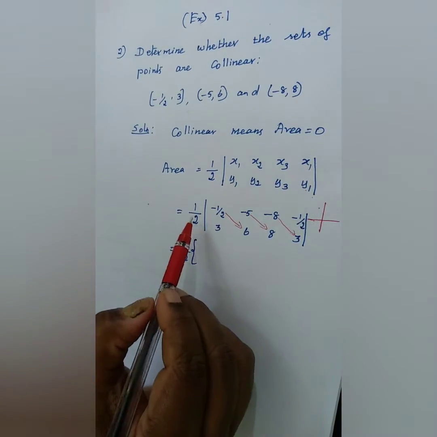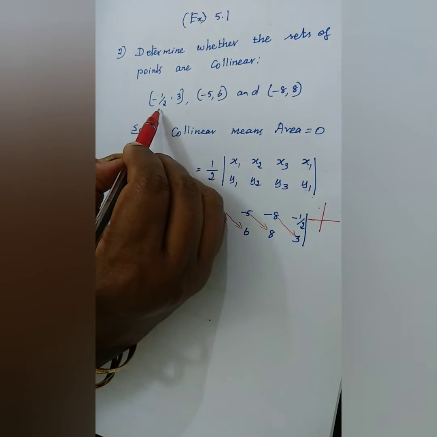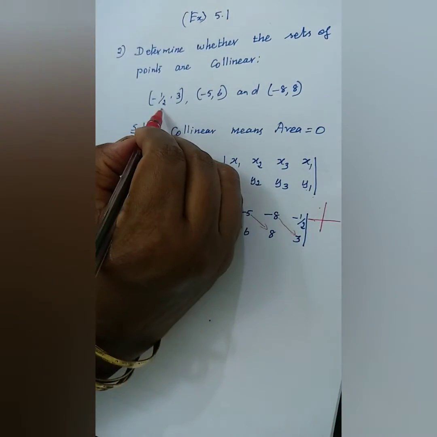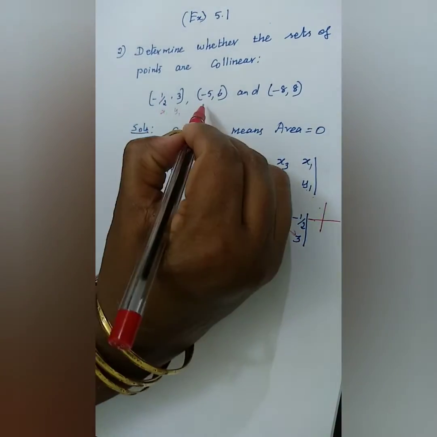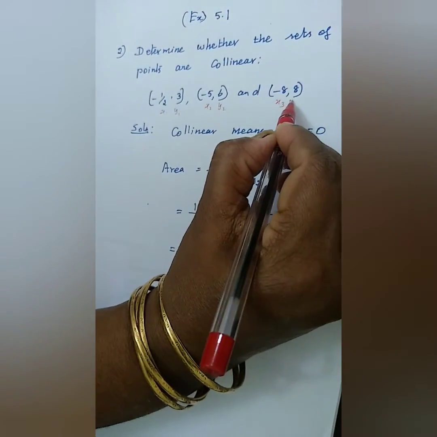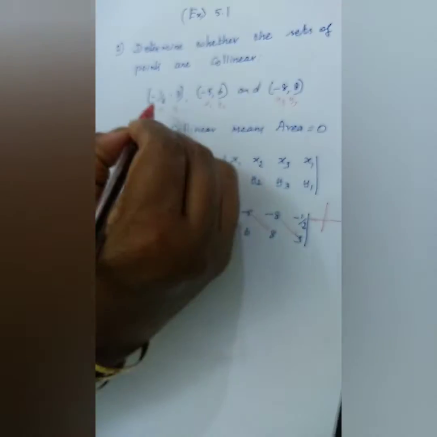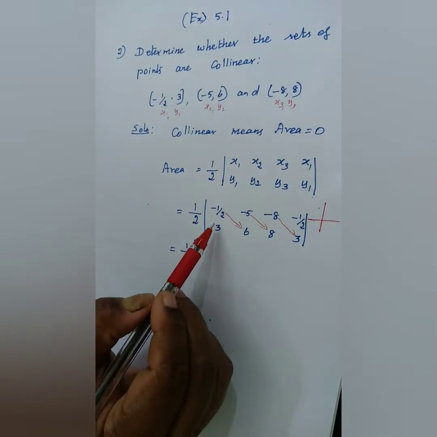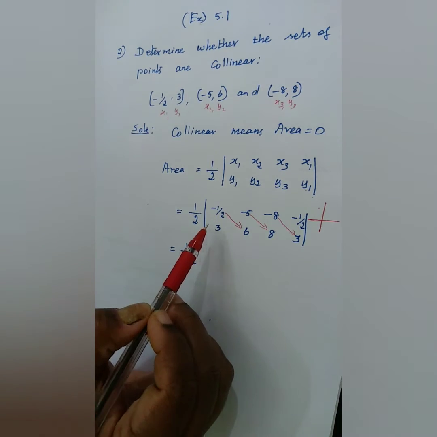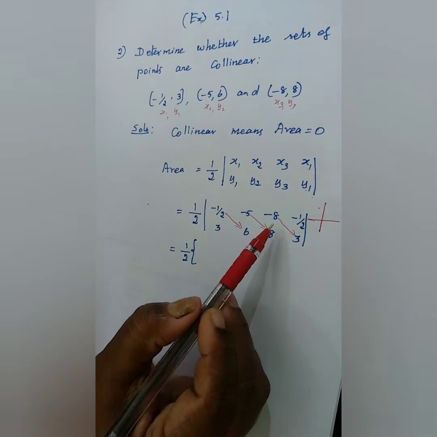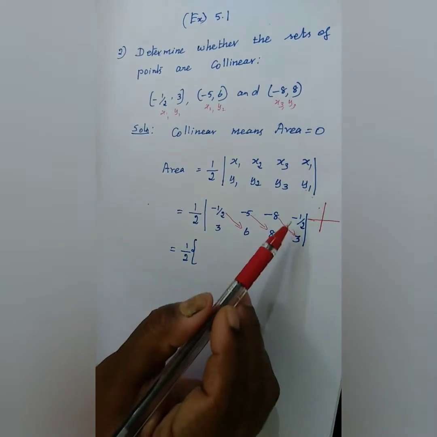I am going to apply the values. This is x1 y1, this is x2 y2, and this is x3 y3. In the place of x1 y1 I have applied minus 1 by 2 comma 3, then x2 y2 is minus 5 comma 6, x3 y3 is minus 8 comma 8, again x1 y1.